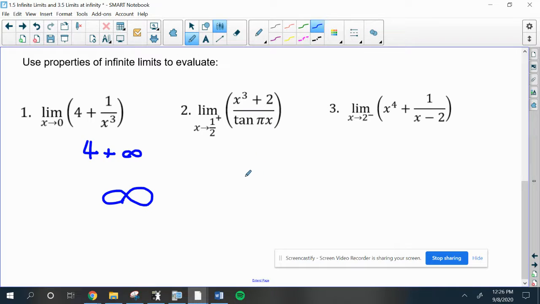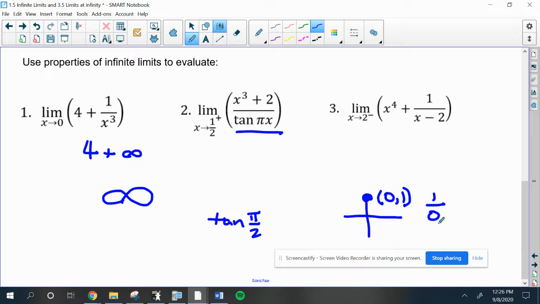The next one. Now we bring trig into the mix. The tangent of pi x, if you plug in 1/2, we'll be taking the tangent of pi over 2. Pi over 2 is right here, and tangent is sine over cosine. Since this point is 0, 1, tangent will be 1 over 0, which would be a division by 0, which constitutes a vertical asymptote.